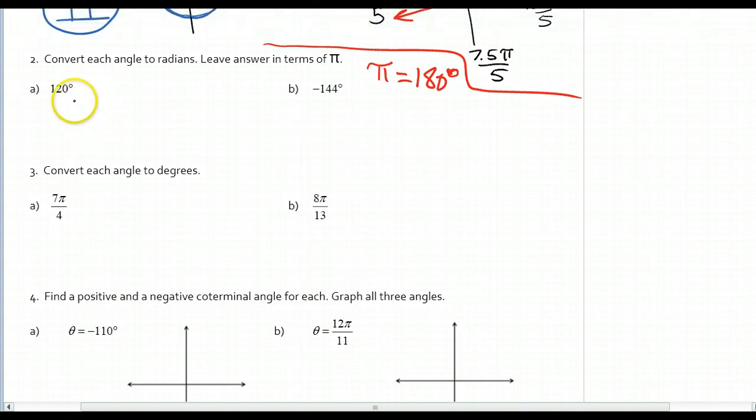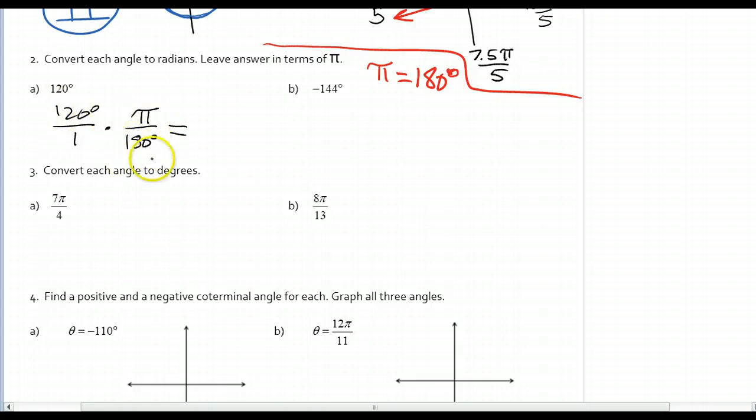So we want to convert from degrees, so I have 120 degrees. I'm going to put that over 1, and then I'm going to multiply by pi over 180. So now my units of degrees are going to cancel out. And then when I multiply this through, 120 over 180 reduces to 2/3.